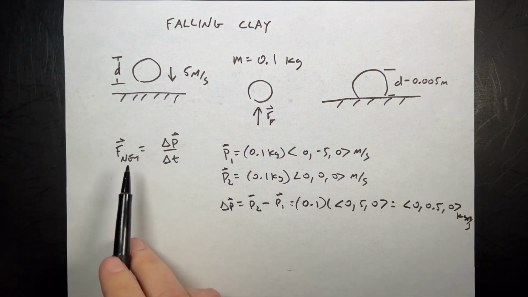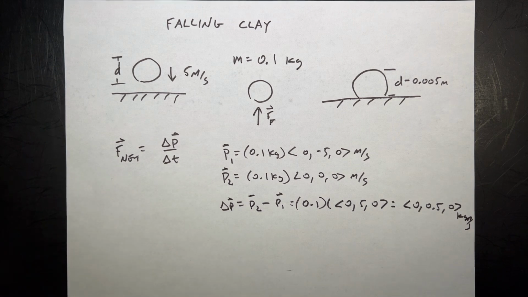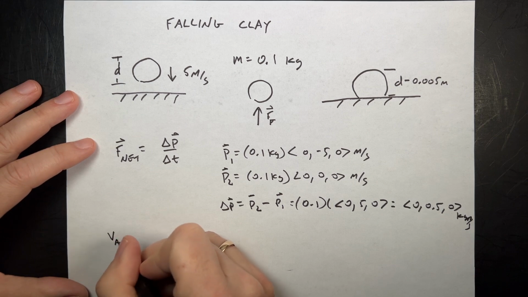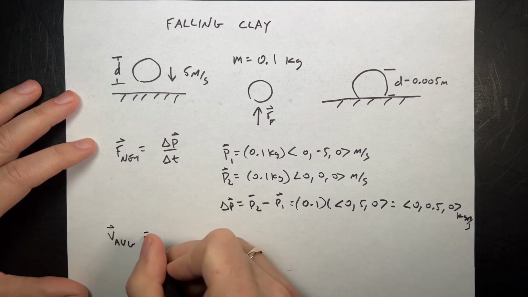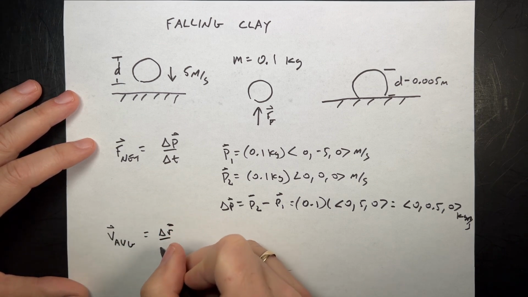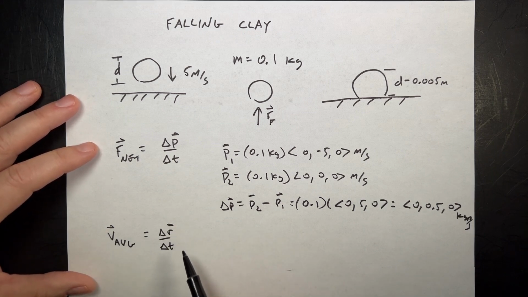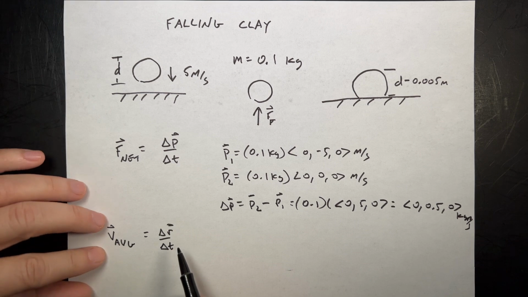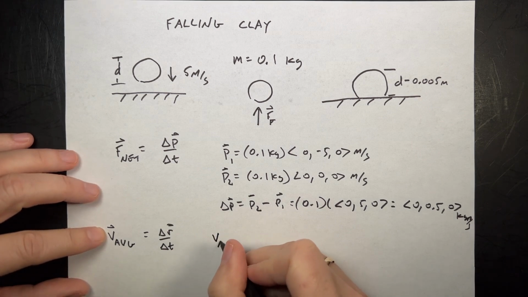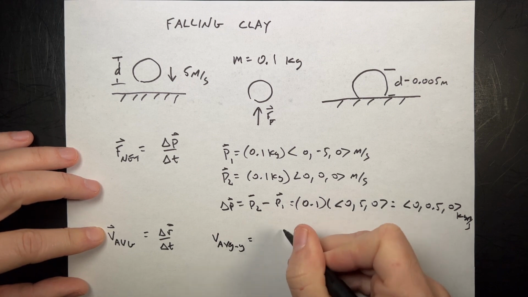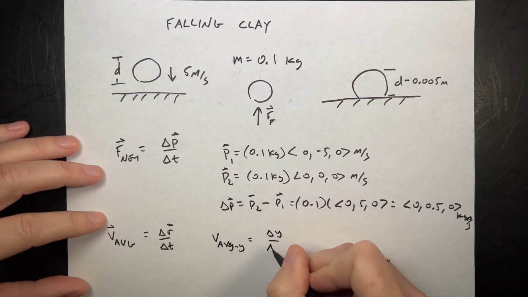If I knew the time, I could find the force. I don't know the time, but I can find the time. Let's say V average is delta r over delta t. Now I'm going to just look at this in the y direction. So V average y, because it only moves in the y direction, is the change in y over the change in time.